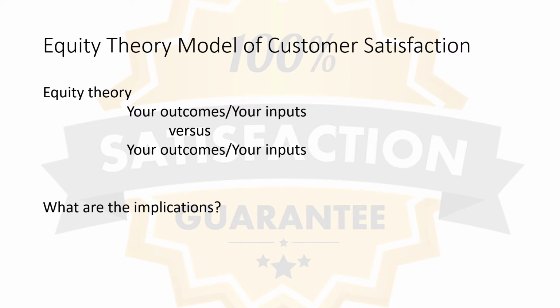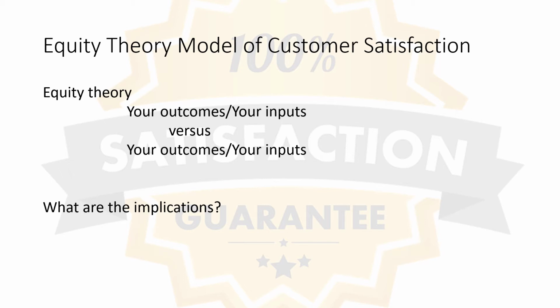So this notion of equity theory is an important notion. There are lots of situations where I compare my costs and what I got for that money to others' costs and what they got for their money. And if I feel like my transaction was equitable or better, I'm satisfied.